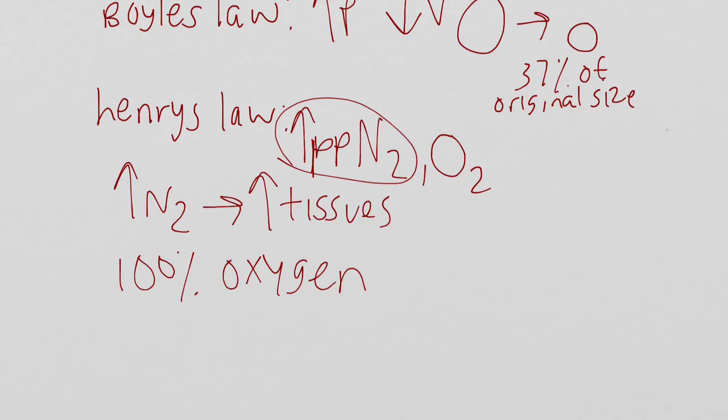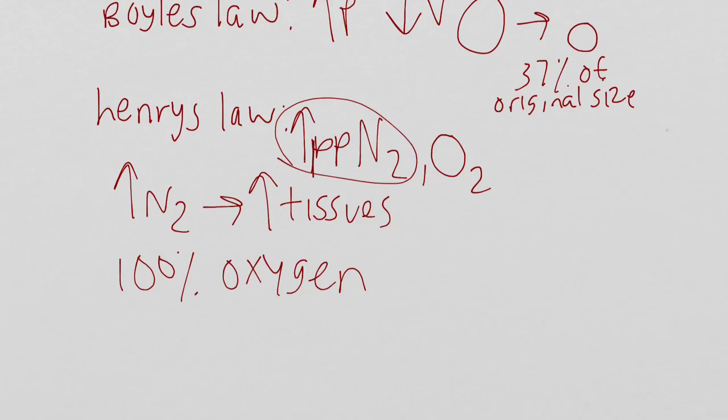But the main reason we use oxygen is essentially Henry's law in regards to nitrogen. Nitrogen elimination from the tissue increases, and the bubble resolves rapidly by direct removal of the nitrogen from the bubble to the tissue to the lungs.